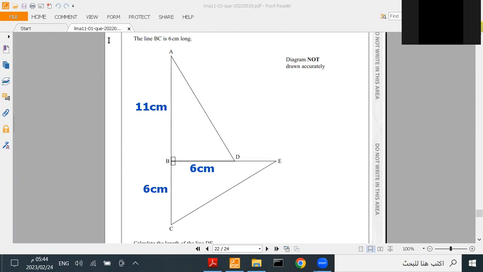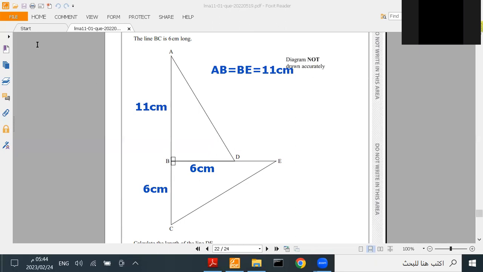Now, the other one is here, 11. This is 6, and this is the rest of the line, in which case BE equals 11, because BE is the same as AB. AB equals BE equals 11 centimeters. So both of them are 11.